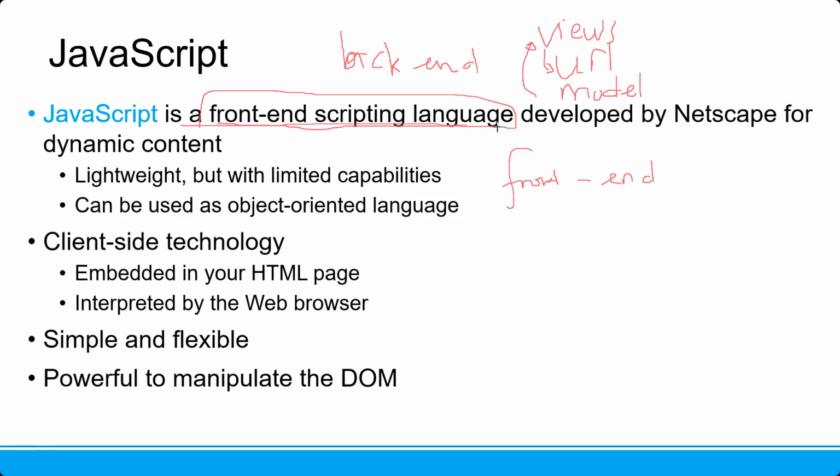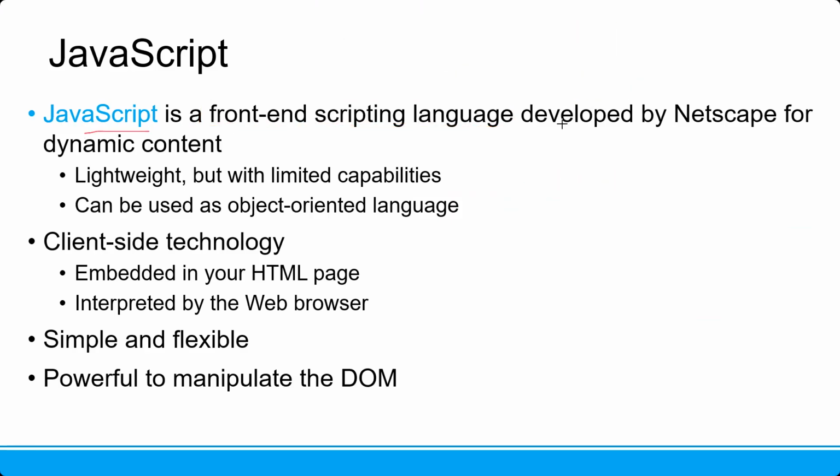For the front end, we will use the scripting language, that is JavaScript, and it was developed by Netscape for dynamic content. Originally, JavaScript was developed by Netscape. This is one of the browsers. They call it lightweight. Lightweight because the code is very light, but with limited capabilities.